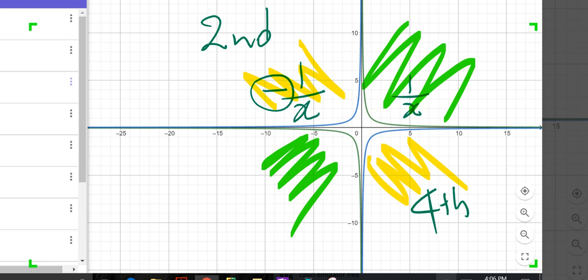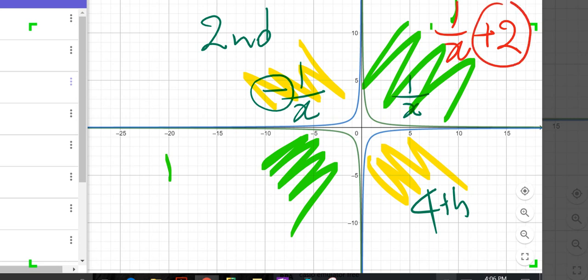What else did we discuss? We discussed that when I have, in this case, 1 over x plus 2, that 2 tells me that I will move plus 2, I will move up.